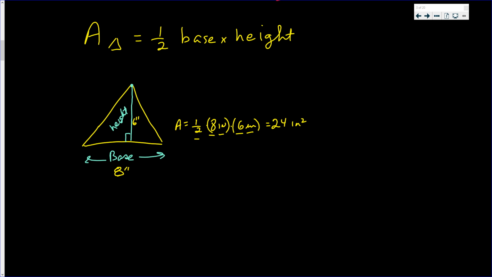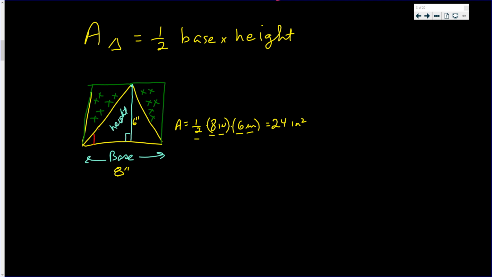Now, it can be proven that what I'm about to draw in green, the area in here plus the area in here, is equal to the area inside the triangle.